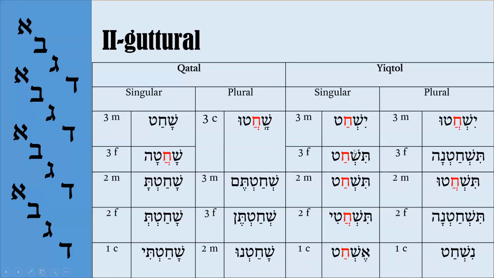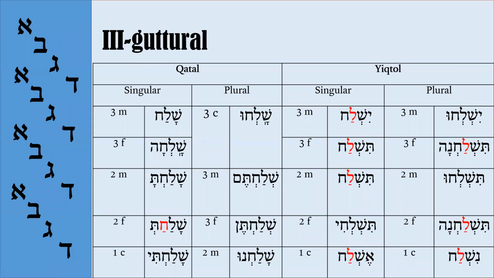Okay, we can continue. The third guttural, and the same situation with the third guttural, but we need to remember one thing. They allow, for some reason, the third guttural to take sheva, and you will see that, for example, shalachta, it takes sheva, the third guttural. The only exception is the second feminine, where it doesn't take sheva but is changed to patach.